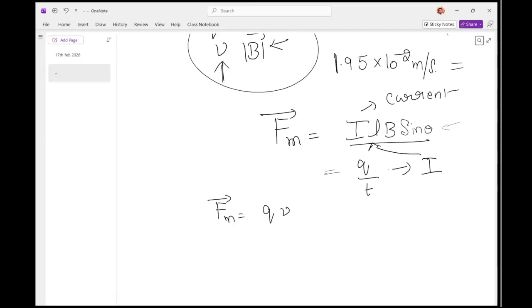This was QVB, and if I break down the velocity, which is displacement upon time, displacement can be written as the length of the wire upon time.